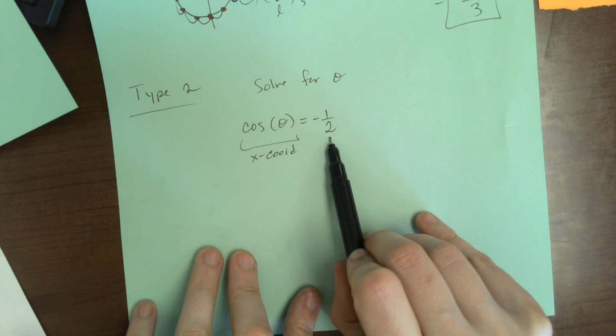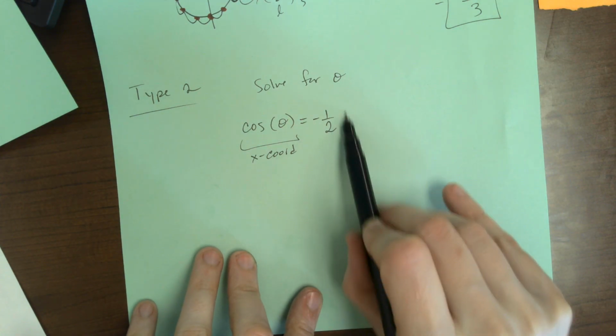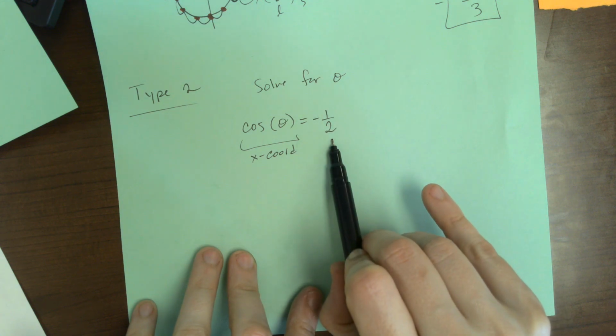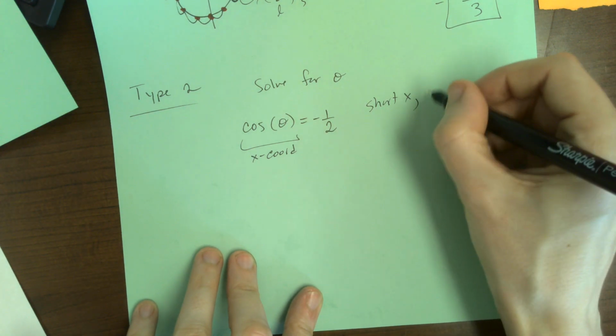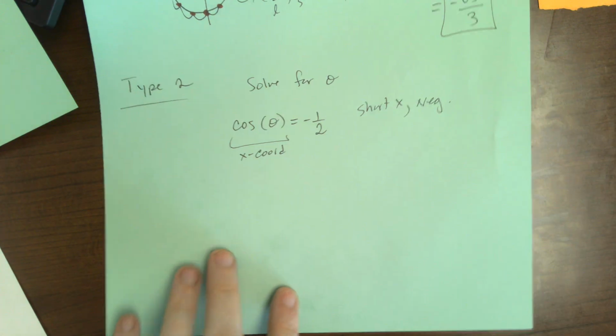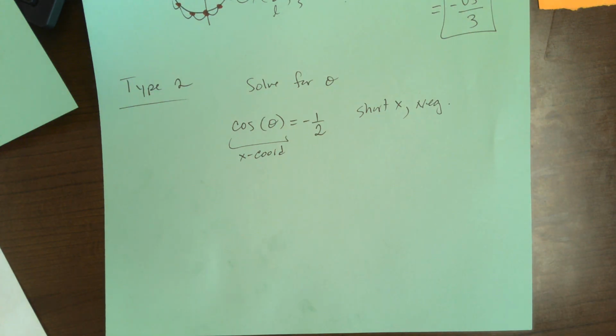This here is the short length. So we have a short x and it's negative.